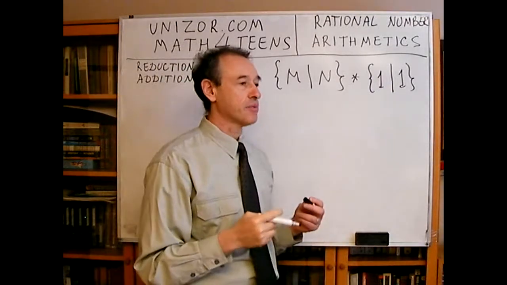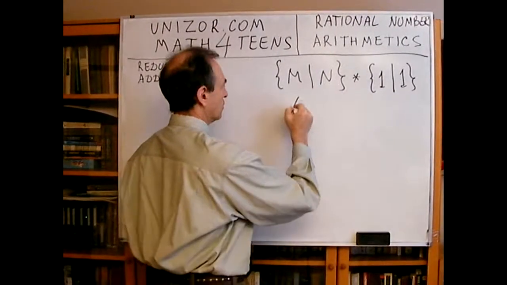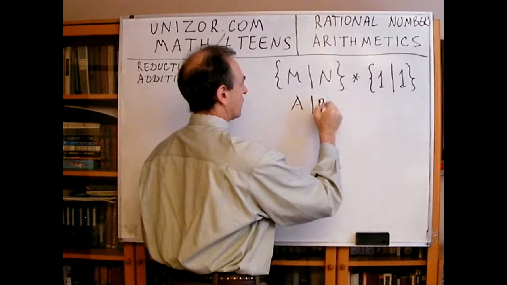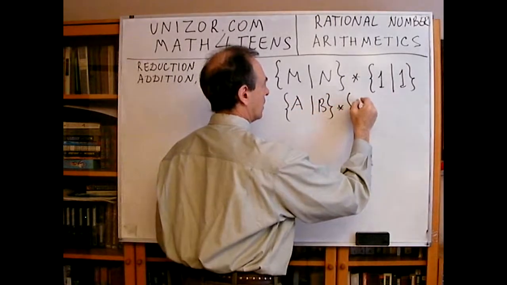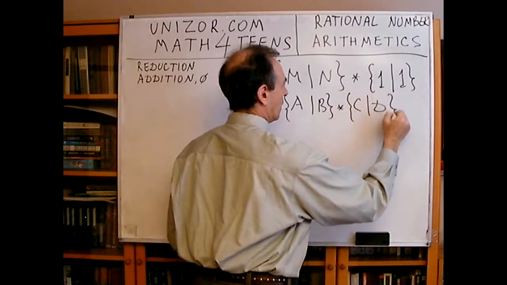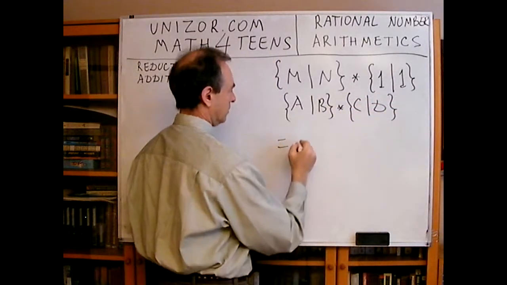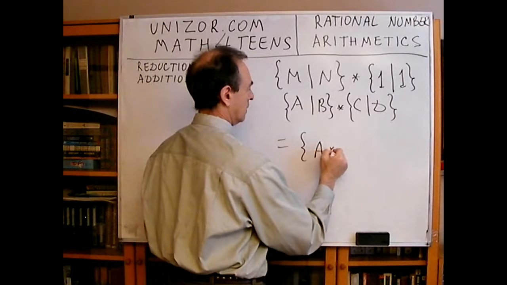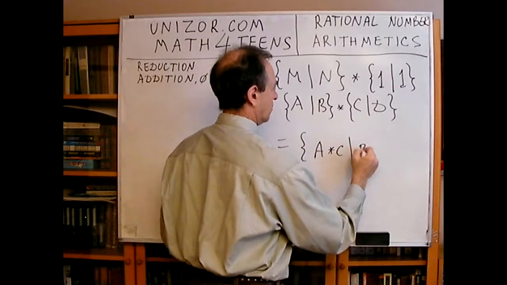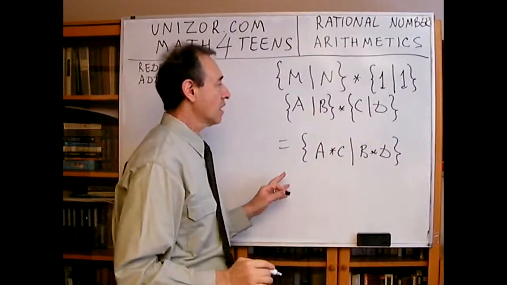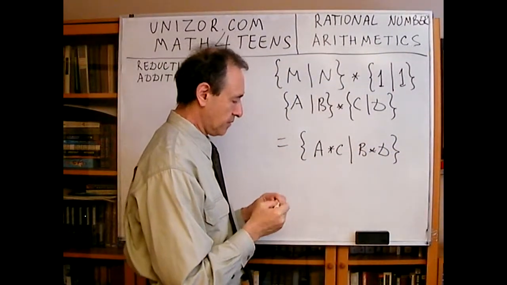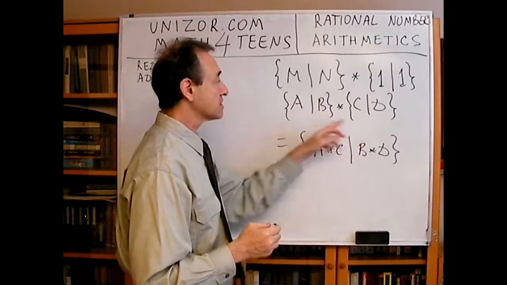Another operation which we have defined was the operation of multiplication. When we have two different rational numbers and multiply them, we get AC over BD. This is just a definition of the operation of multiplication on these formal strings.